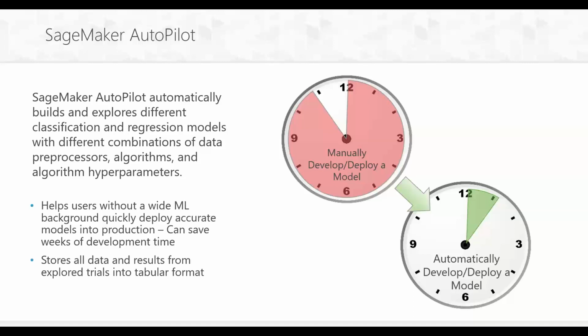What I like about this is that most auto ML solutions on the market today will just look at different algorithms and maybe try to tune with different hyperparameters. But what Autopilot does is it encompasses the entire machine learning workflow by incorporating the data preprocessors with the algorithms and the algorithm hyperparameters. After all, your models can only perform as well as the featurized data set that you give it.